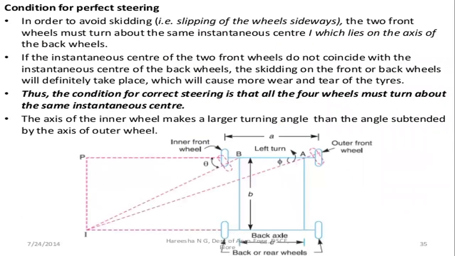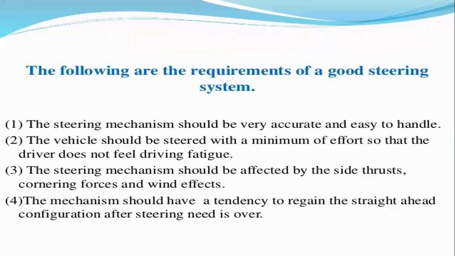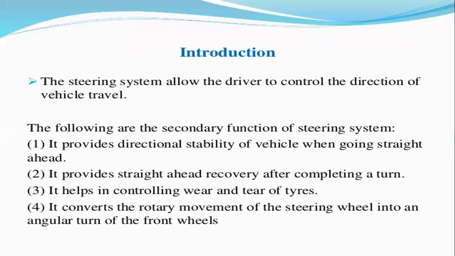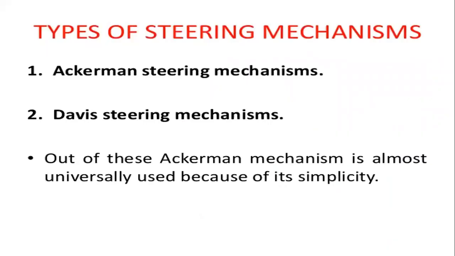In the previous classes, we have studied the functions of the steering gear system and the needs of the steering gear system. And today I am going to explain the different types of steering gear mechanisms. The first one is Ackermann's steering gear mechanism. The second one is the Davis steering gear mechanism.